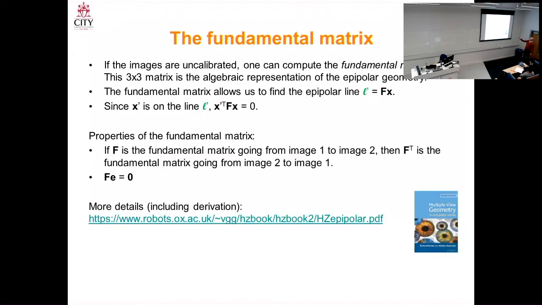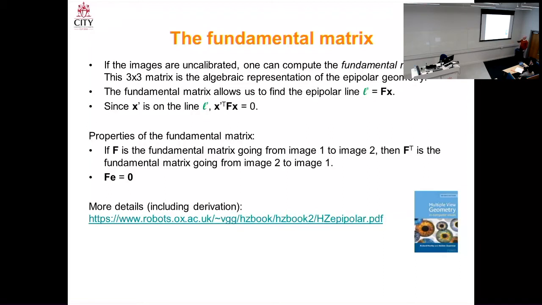If you know the fundamental matrix F, you can just take that point X, multiply it times the fundamental matrix, and then that gives you the equation of the line. So it's super easy if you know the fundamental matrix to get the epipolar line. And there's another constraint. If X prime is on the epipolar line, then this construction, X prime transpose Fx is 0. Okay.